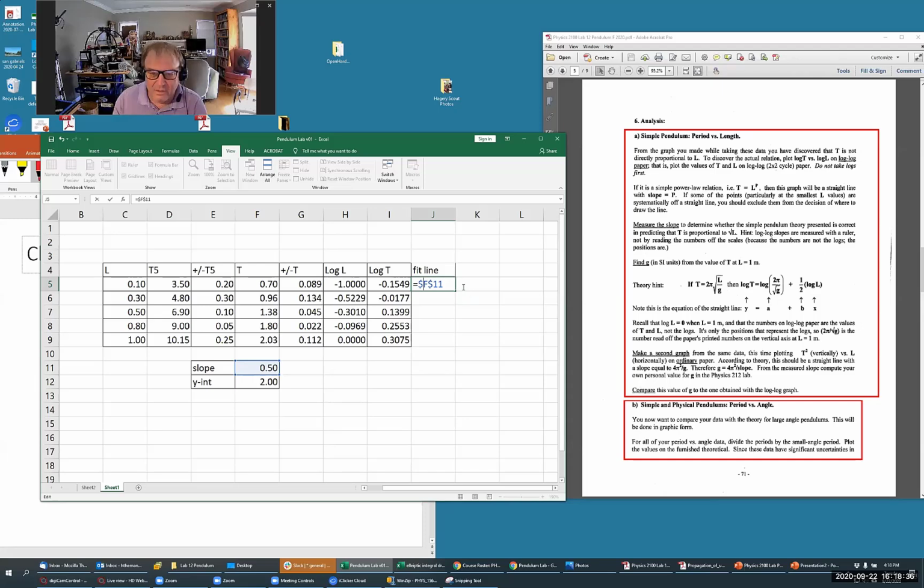So it's the slope, and I have the dollar sign, so it always uses the same one, times the log of L, plus the y-intercept, and I need the dollar signs one more time.